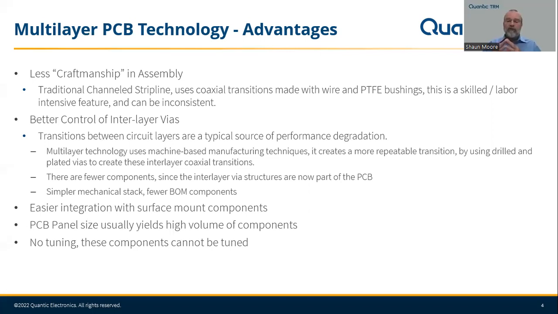With a multi-layer PCB, all of those transitions are now machine-based. Variation is reduced dramatically. In addition, those structures lend themselves to very accurate simulations within a lot of our software analysis tools, such as HFSS. So those things are very, very positive.